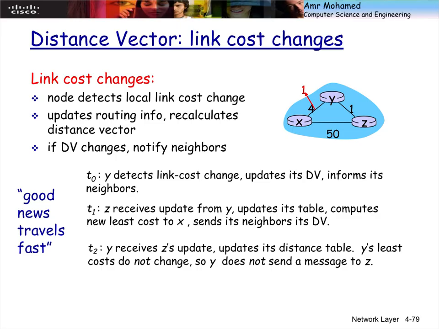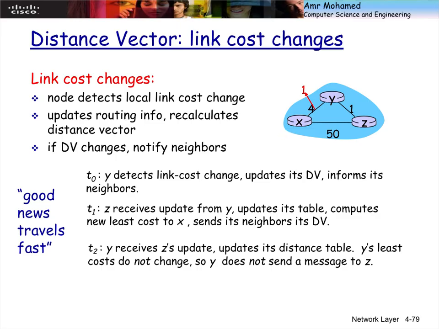So node Y knows that the cost for this link dropped from 4 to 1. But it needs to receive the vector of distances from Z and X. And based on that, it needs to keep calculating the new cost.